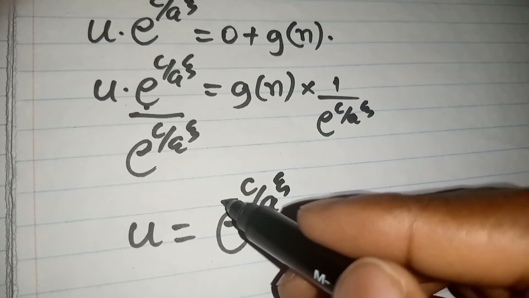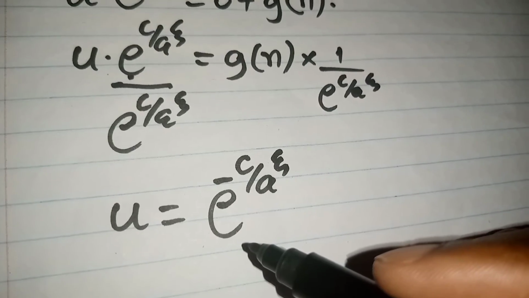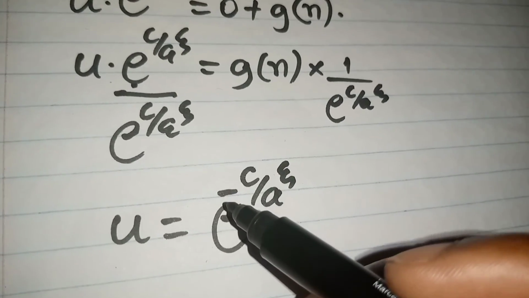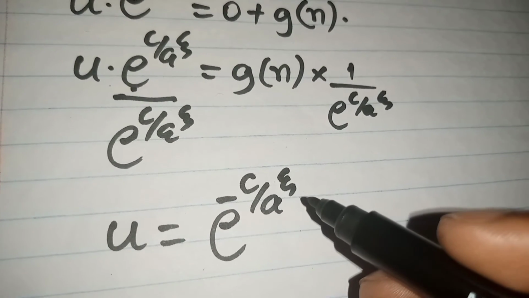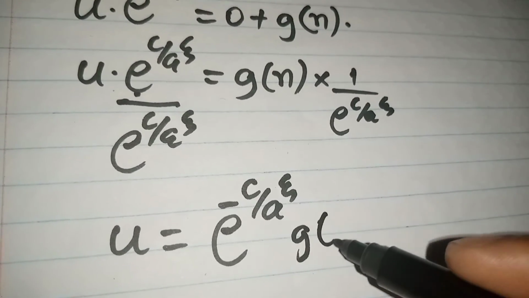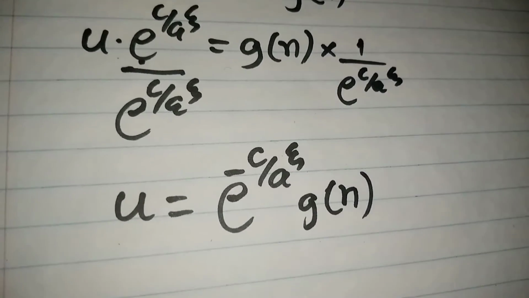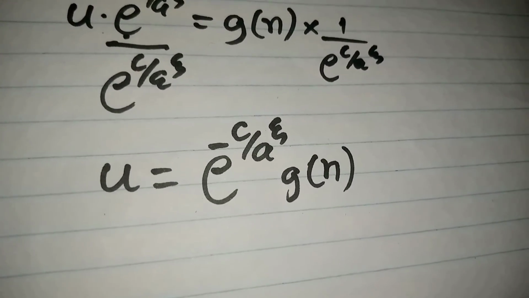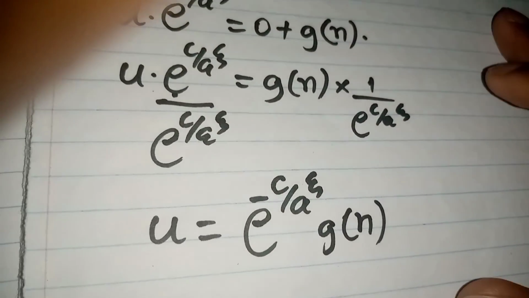Instead of writing 1 over exponential c over a xi, we just negate the power, so exponential of negative c over a xi means 1 over exponential c over a xi, then g of nu. Now this is our function of u in terms of xi and nu.